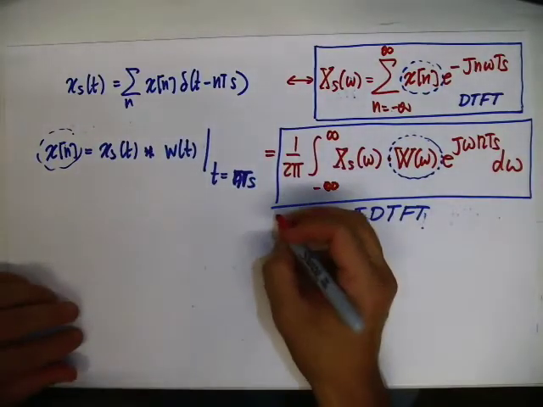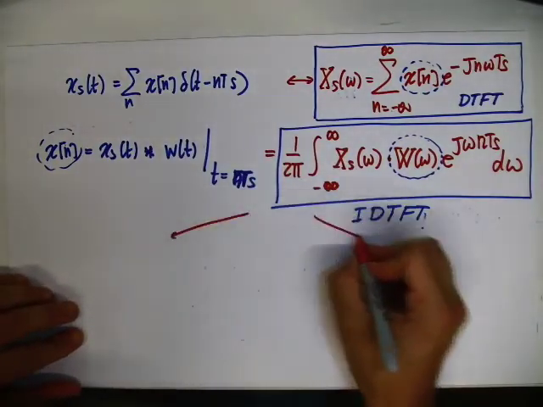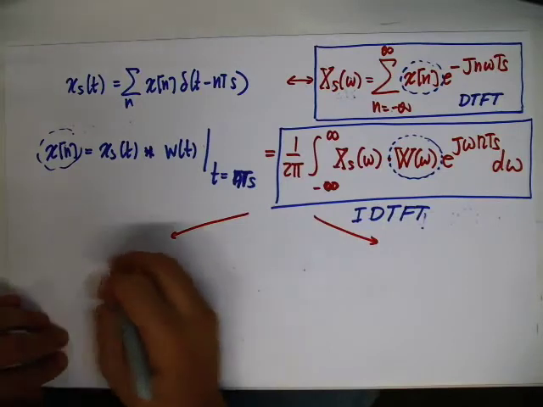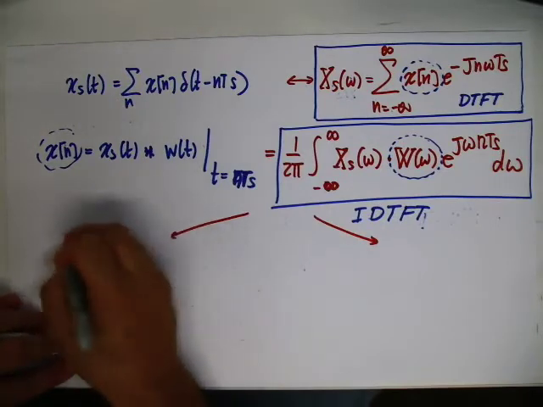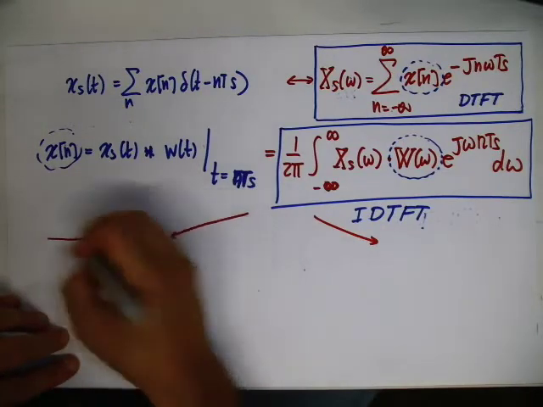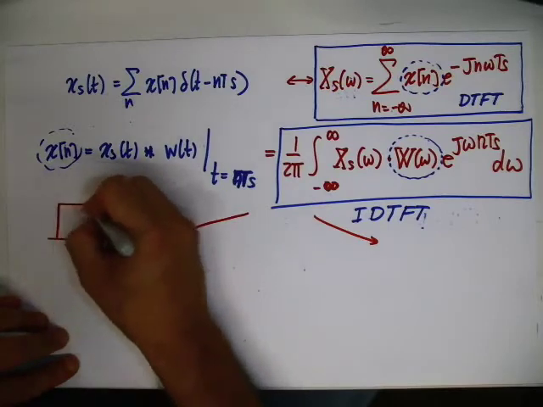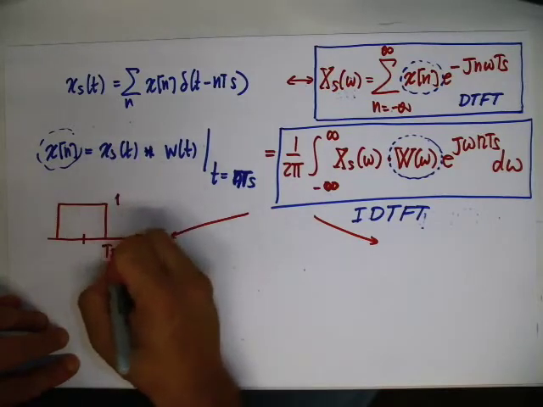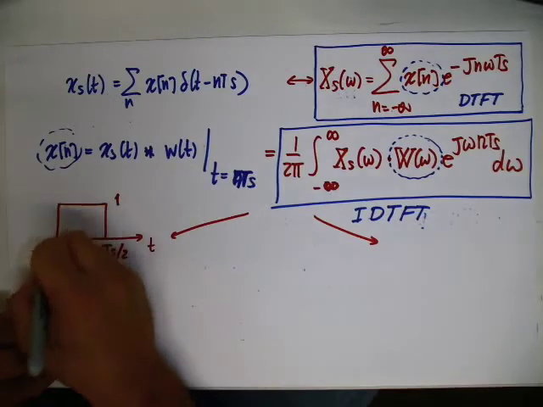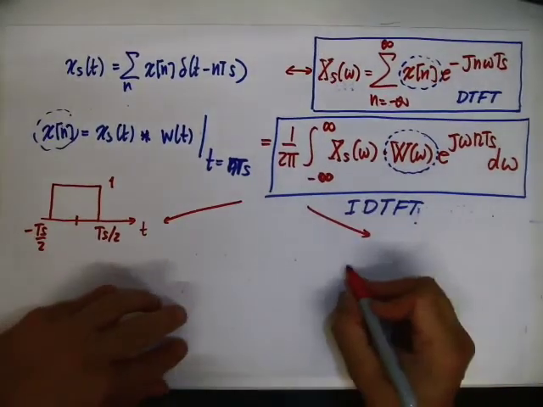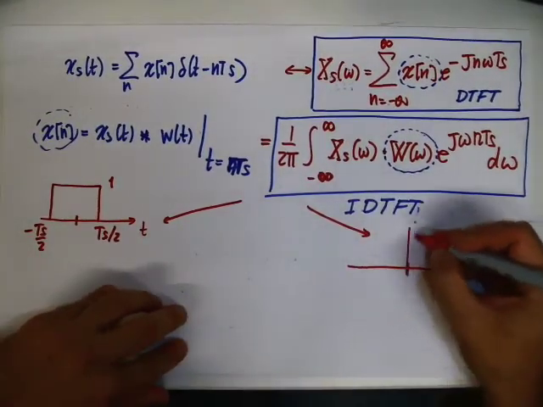And in particular, we did two cases. You can choose a box in time, or you can choose a sinc function.